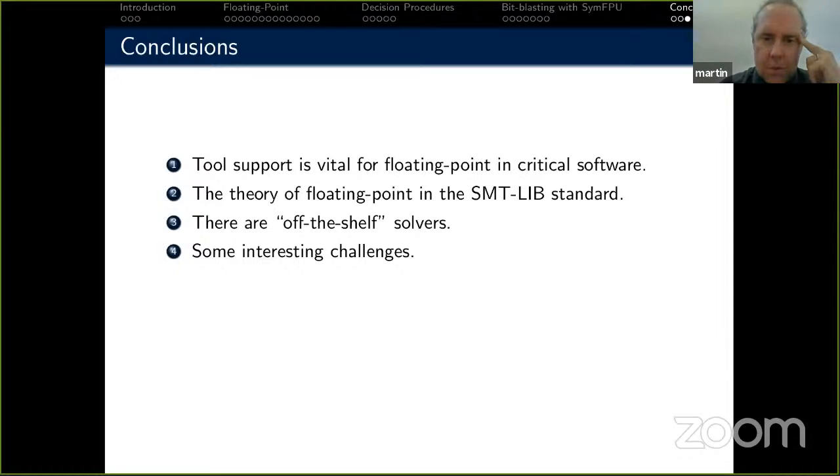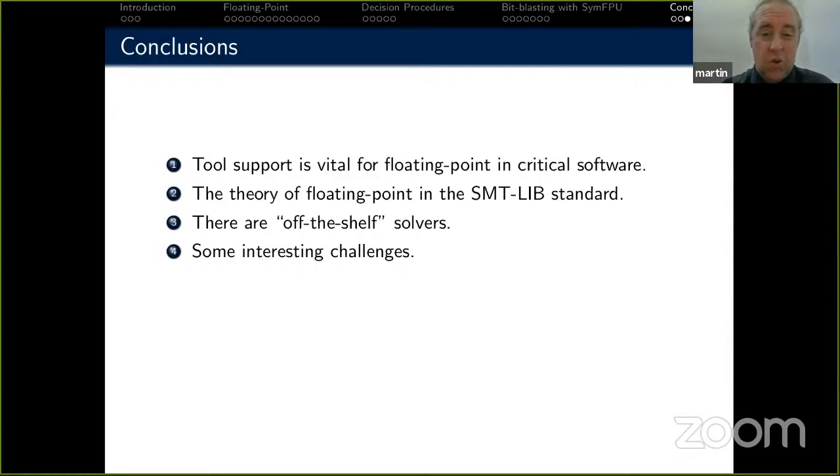We need tool support. And if we can use an SMT solver to do it, that means we can separate out generating the formulae and solving them. And hopefully we can build better tools. Because we've added a theory for floating point to SMT-LIB, we have a standardized way, we've got standardized benchmarks, including a massive suite of correctness tests.